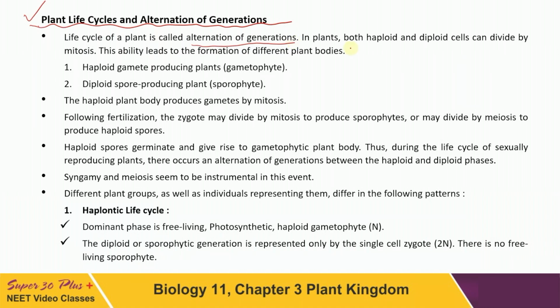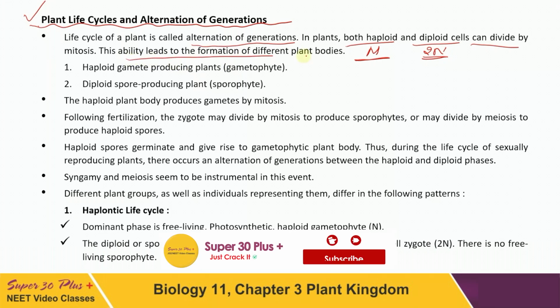In plants, both haploid, meaning having n number of chromosomes, and diploid, having 2n number of chromosomes, stages exist, and these stages can divide by mitosis. This ability leads to the formation of different types of plant bodies.